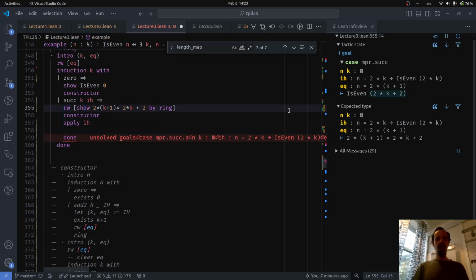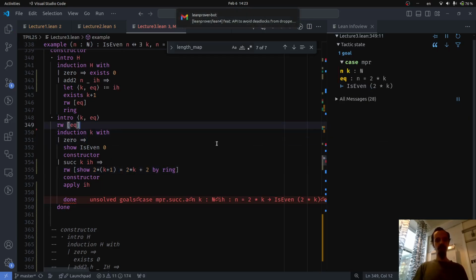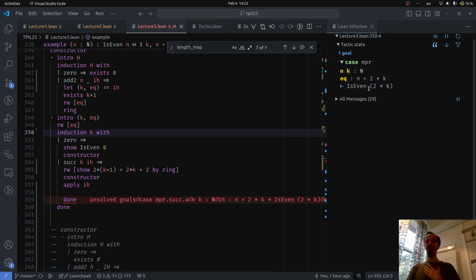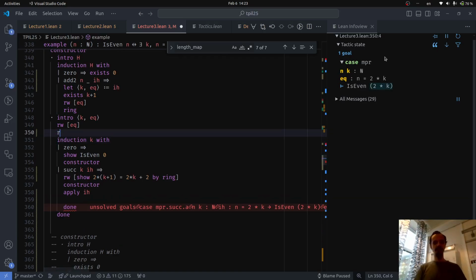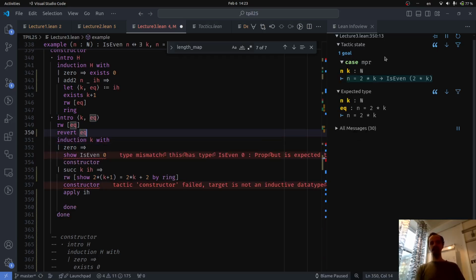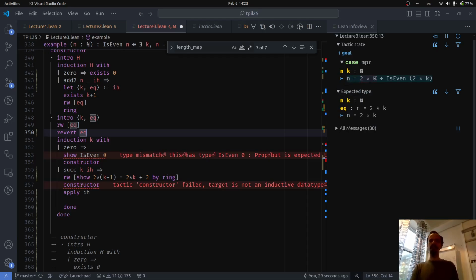What happened? Well, this has to do with how the induction tactic works. When I ran induction, it had this goal that said is even 2 times k, but it had this hypothesis, EQ, n equals 2 times k. And then I did induction on k. What it did was it looked at my whole goal, everything that depends on k, and then sort of reverts it, and it uses that information. Revert, by the way, is sort of the opposite of intro. It unassumes something. And it reverted this hypothesis that n equals 2 times k.